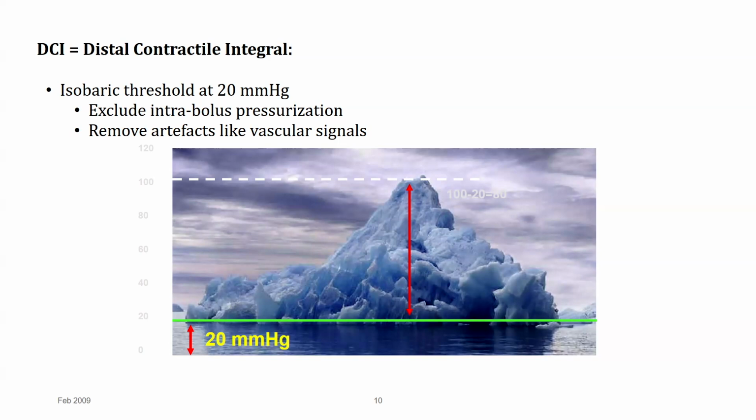So, for example, if I want to see how high this mountain is, it's 100 minus 20. Why? Because this is the 20. It's below the threshold line. It is exactly the same in the esophagus. So this isobaric threshold is used to exclude the intrabolus pressurization and also to remove the artifacts from the vascular signal that is surrounding the esophagus.